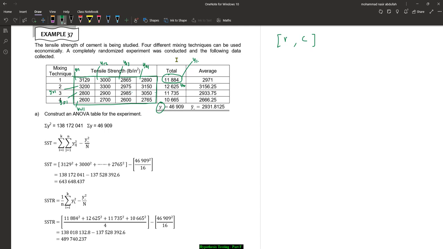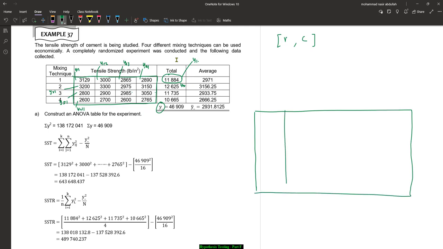So now let's look at the one-way Anova table. The one-way Anova table is a standard table. So we have source of variation.